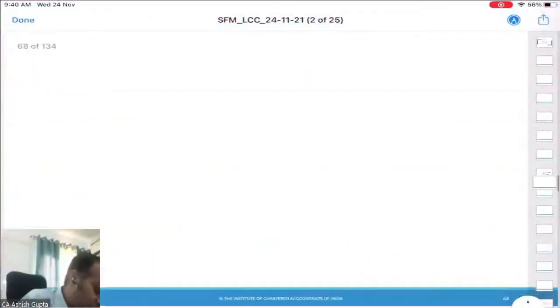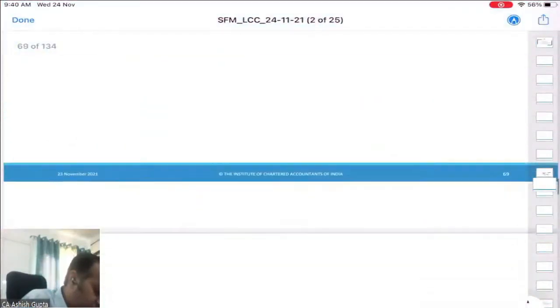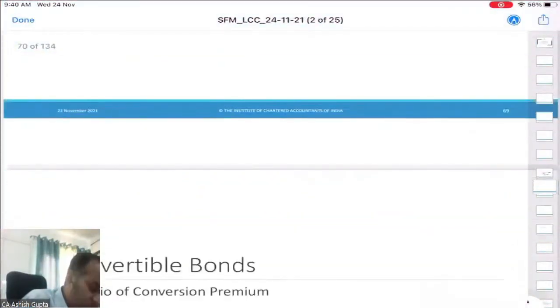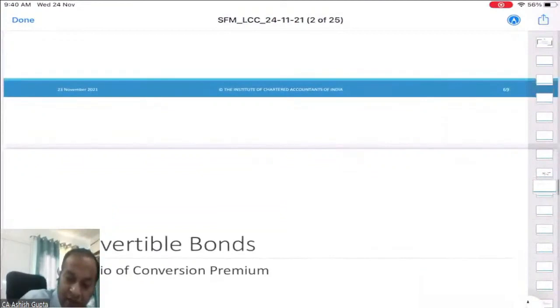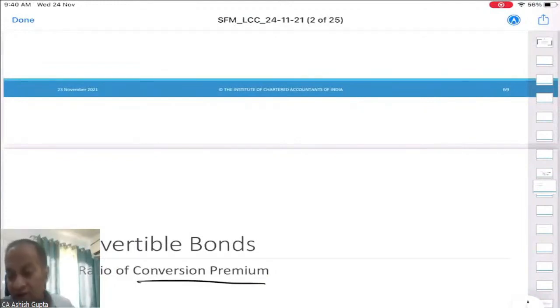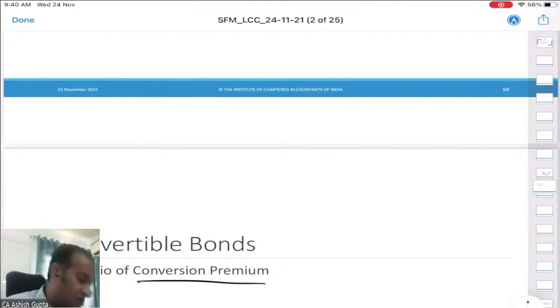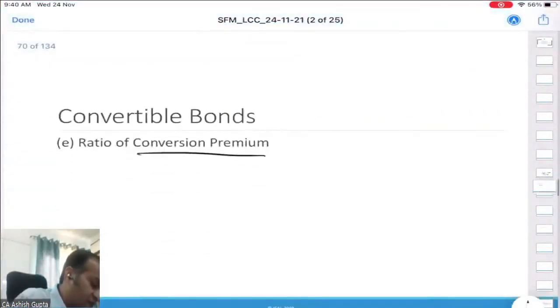It is also called the ratio of conversion premium. Okay, it is called the ratio of conversion premium. So, what is the formula of the ratio of conversion premium?